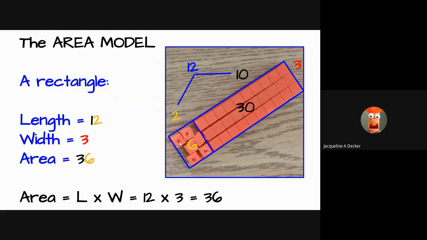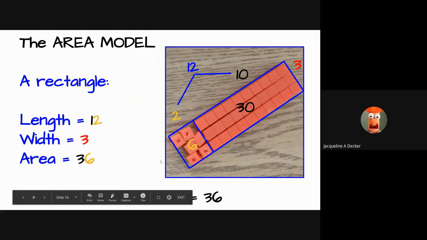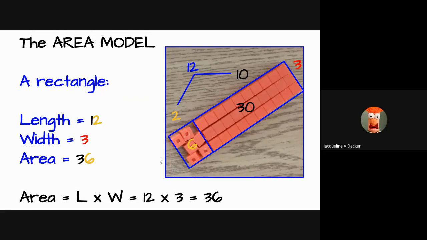And so we know that 12 multiplied by 3 is 36, because 30 plus 6 is 36. Does anyone have any questions about the area model that's on the screen right now? No.